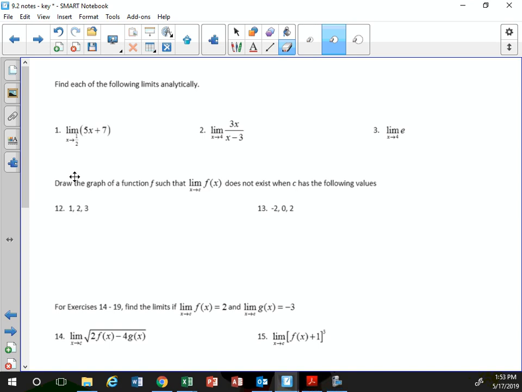Don't overthink it. We're just subbing them. Isn't e a constant? Remember when it was 3? Like if it said the limit of 3 as x approaches 4, what would you tell me? Right, because it was just that constant. E is just a number.